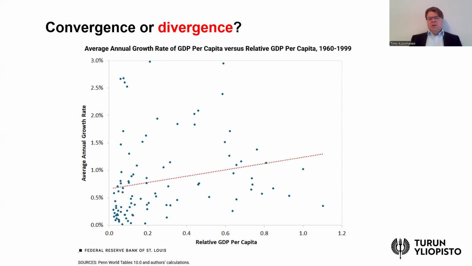So there seems to be a positive association between the level of GDP per capita and the growth rate of GDP per capita. That would indicate that countries that have a relatively high level of GDP per capita are also growing in general faster than the poorest countries.